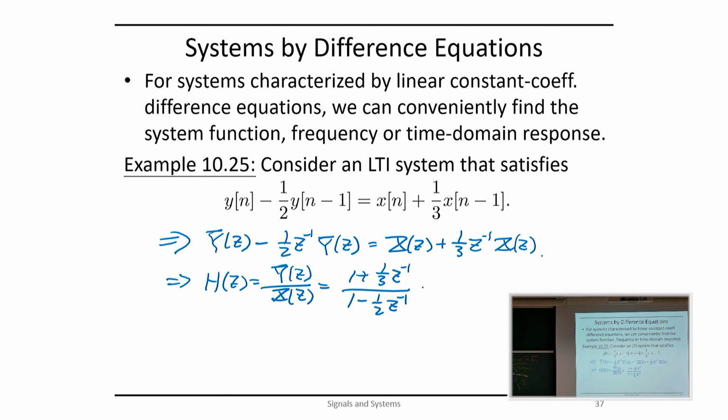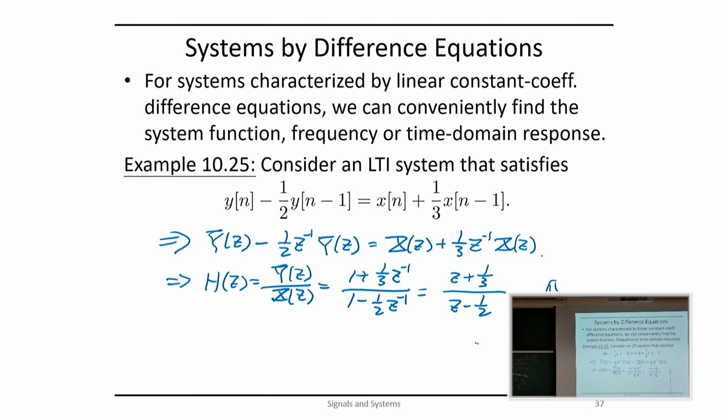Or you can write it in terms of the polynomial of z. If you multiply z in both the numerator and denominator, you get z plus 1/3 over z minus 1/2. So in this case, you have a zero at minus 1/3 and a pole at 1/2.